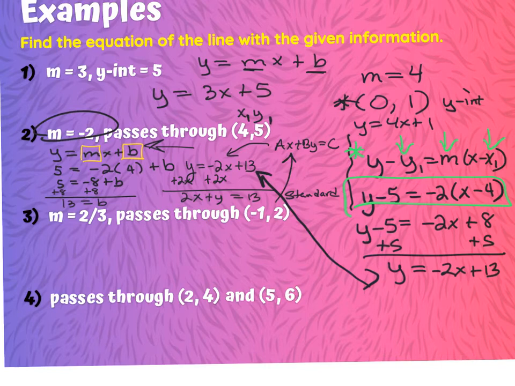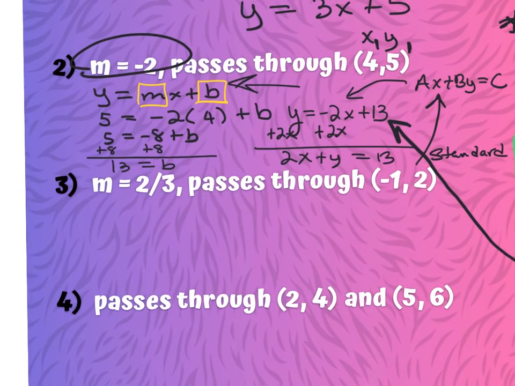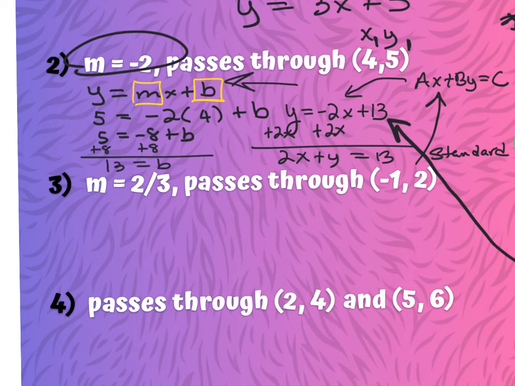Same type of given. Only difference is my slope is a fraction. So let's go ahead and replace. I'm going to do point slope. So y. Now, be very careful also when your ordered pair has a negative in it, because a negative negative is going to make it become positive.